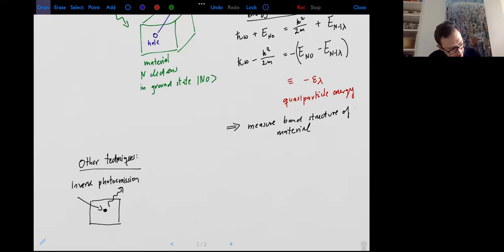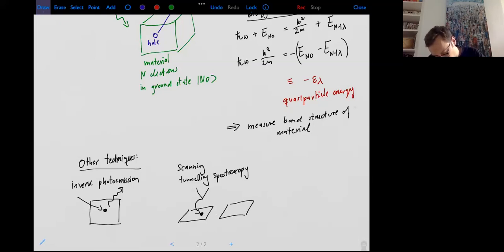There are things like scanning tunneling spectroscopy, where you have some surface and you have a tip, and basically an electron can either hop from the tip onto the surface, or you can have the reverse process where an electron tunnels from the surface to the tip, and again you leave a hole behind.